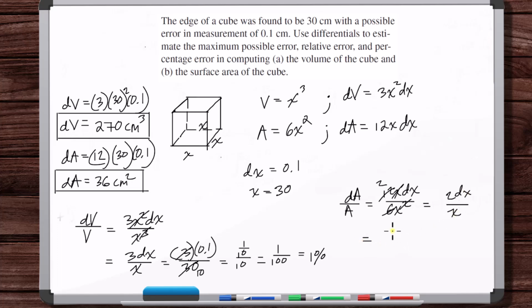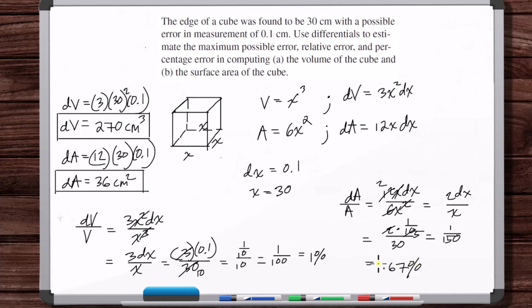So 2 times 0.1 over 30, which is 1 over 150. That's the relative error, 1 over 150, and that's equal to 0.67%. So you see the relative errors are low. This might seem big, 270, but it's 1% relative error relative to the actual volume.